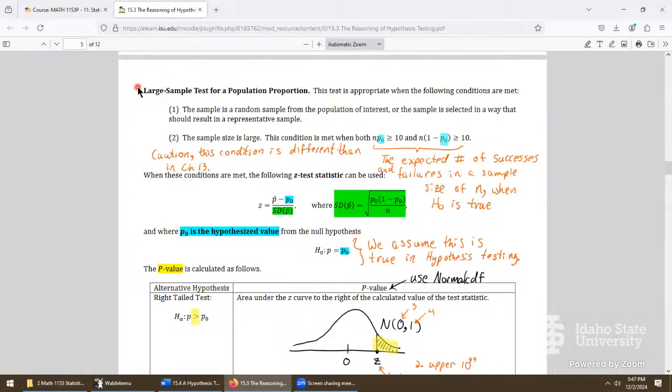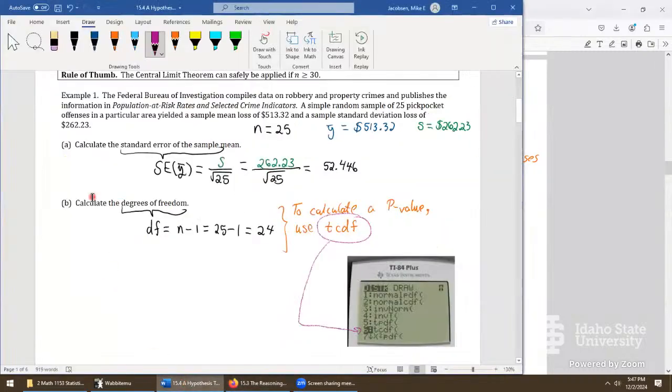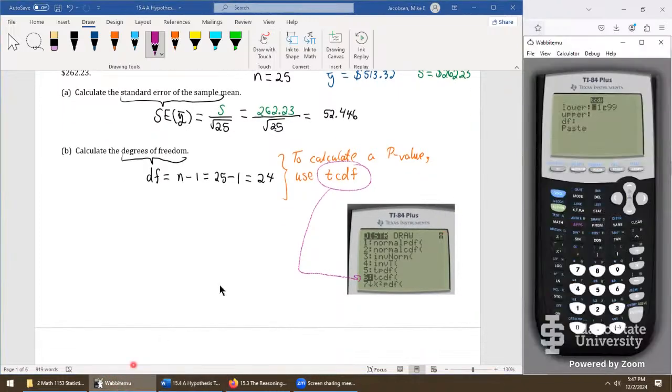Also, we have to describe our new hypothesis test because this one only works for categorical data with 2 outcomes specifically. So we're using this new procedure the moment you realize these data are quantitative. What would make it quantitative? You might have units, or you might have an average or a standard deviation. That alone tells us we're doing this process here with tcdf. So here's how it goes next.